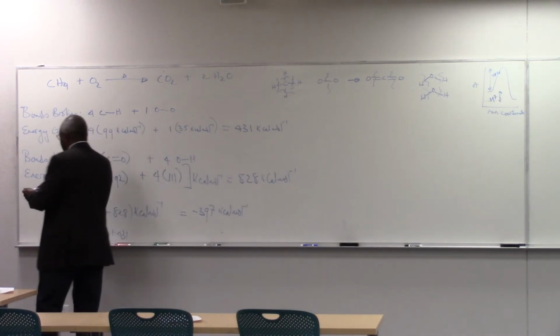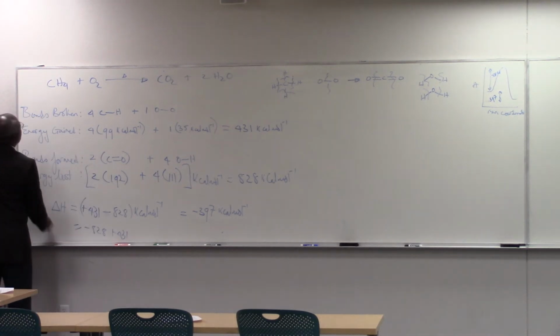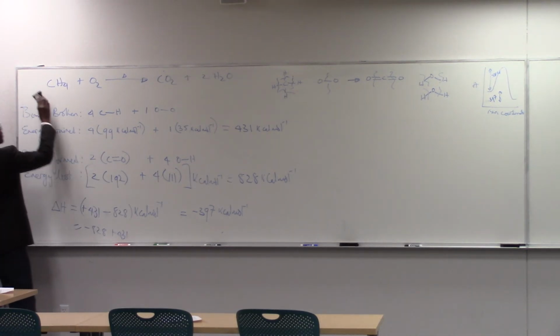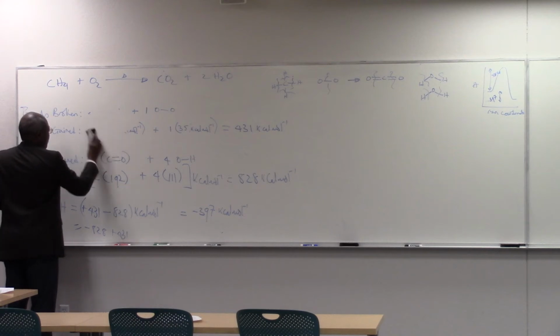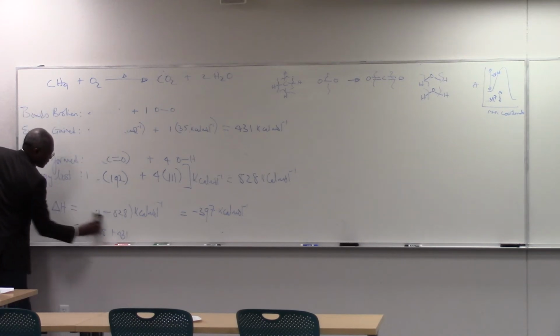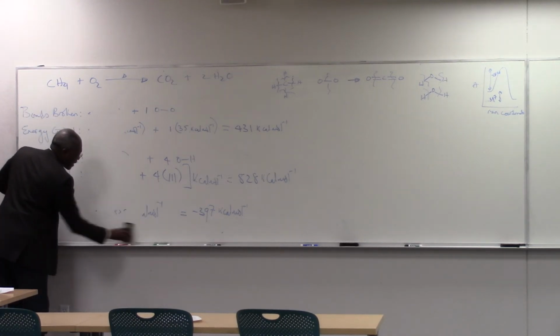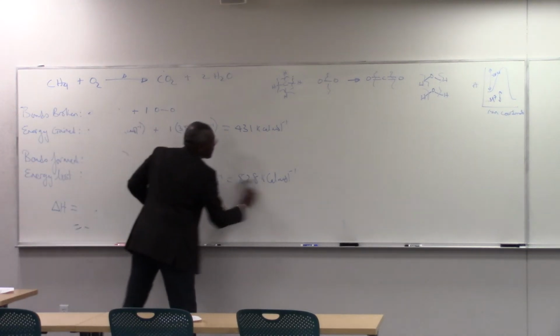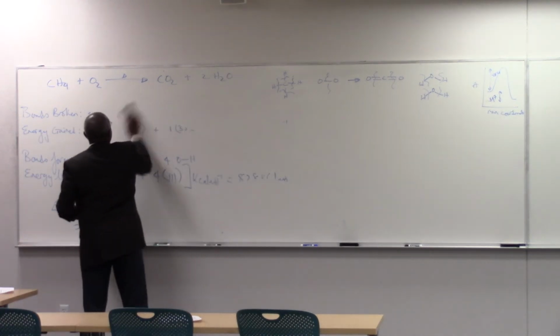Let's do another one. Let's work out the delta H of reaction, and I'm going to keep this format because we use it over and over again. Let's do a different reaction.